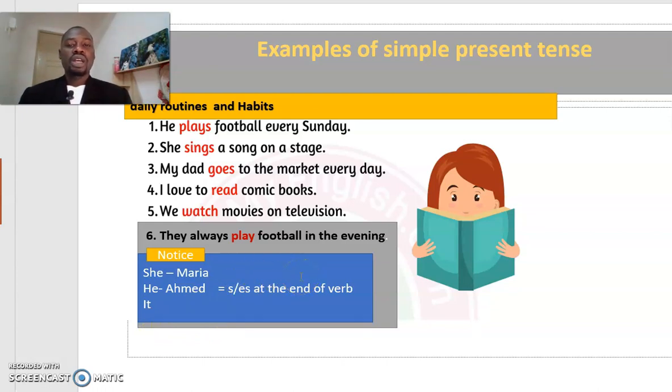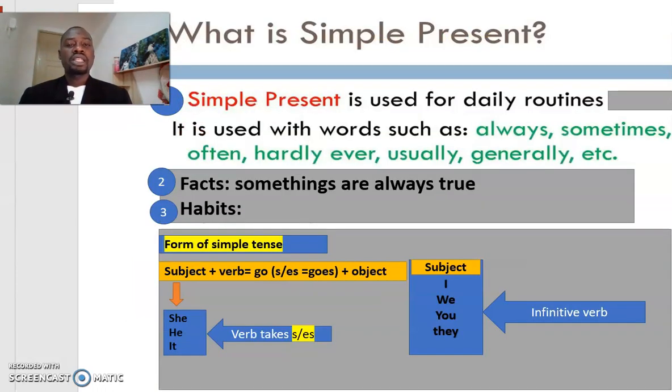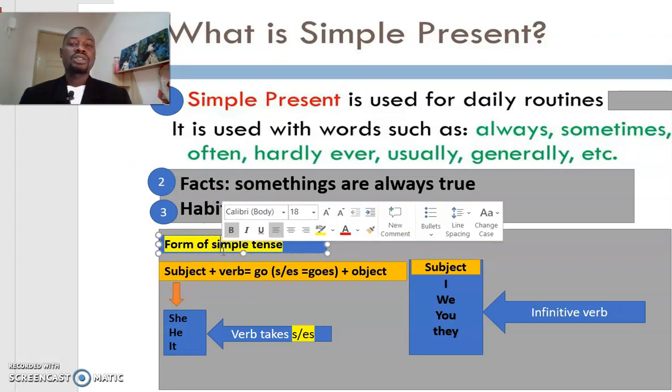Okay, so again, we use the present simple tense to talk about actions that happen regularly, always, usually, generally, and daily. We also identified how the present simple tense is formed: subject plus verb plus object.